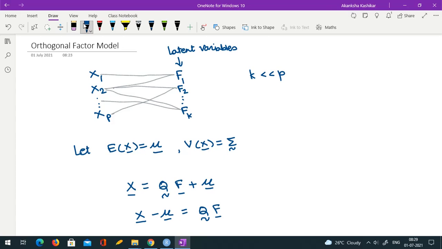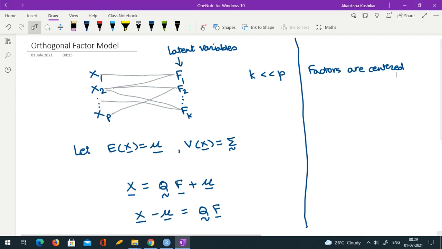Why do we want this to be centered? Because in our assumptions of orthogonal factor models, we are going to say that our factors are centered, because that helps us in further mathematical calculations. To have factors centered is a good thing for us.